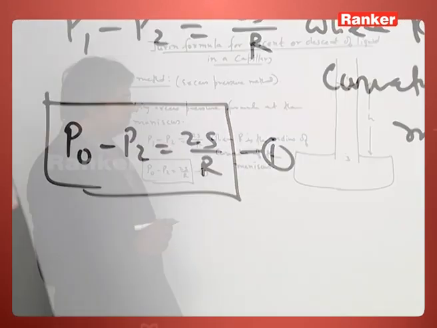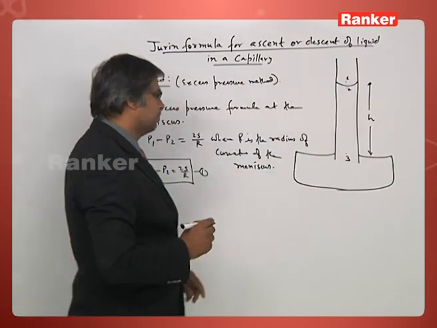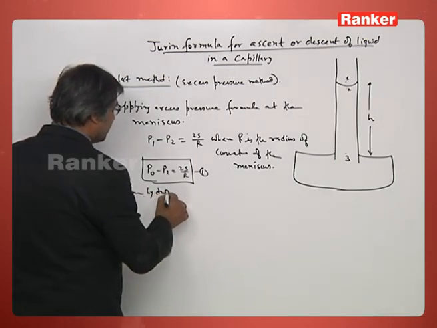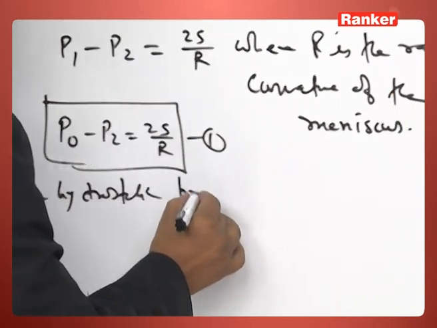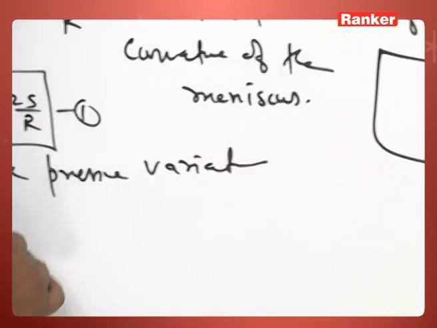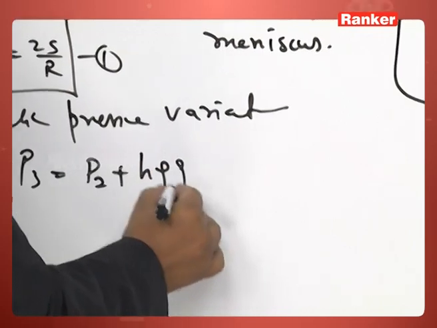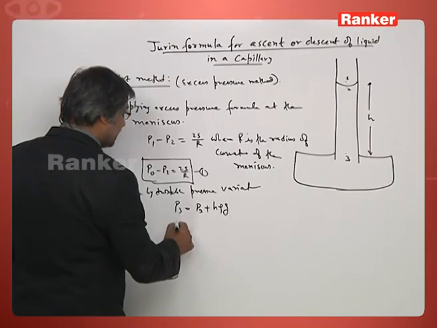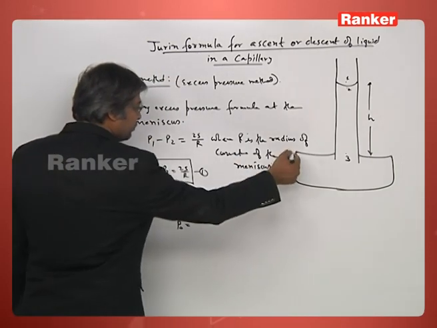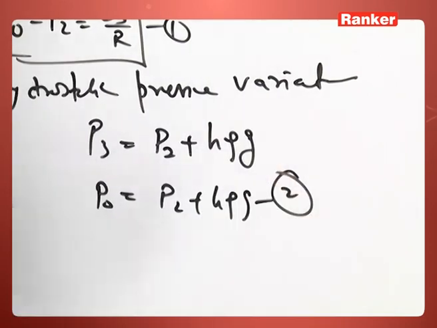Now, we again have pressure variation along the liquid column. From hydrostatic pressure distribution, we have P3 is equal to P2 plus H rho g, where P3 is again P naught because it is on the same level as the free surface. This is equation number 2.